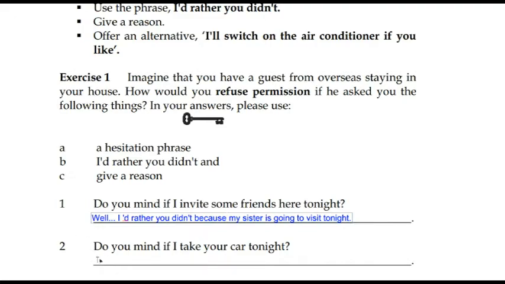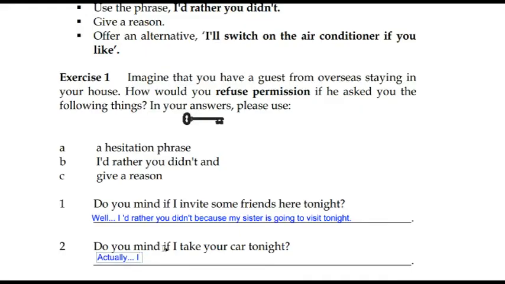Okay, do you mind if I take your car tonight? So you are going to say actually, then there are three dots, it means that you're thinking something.